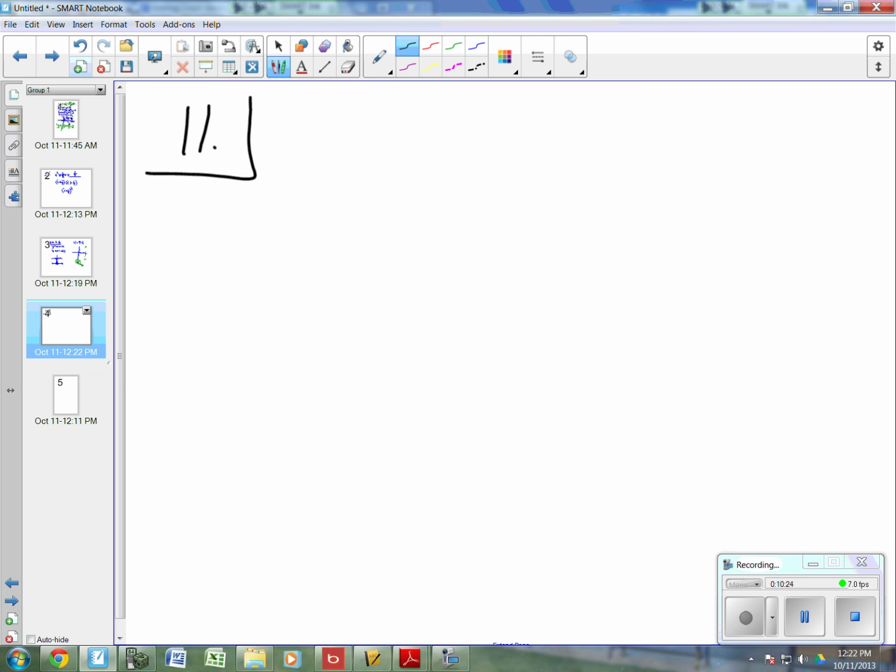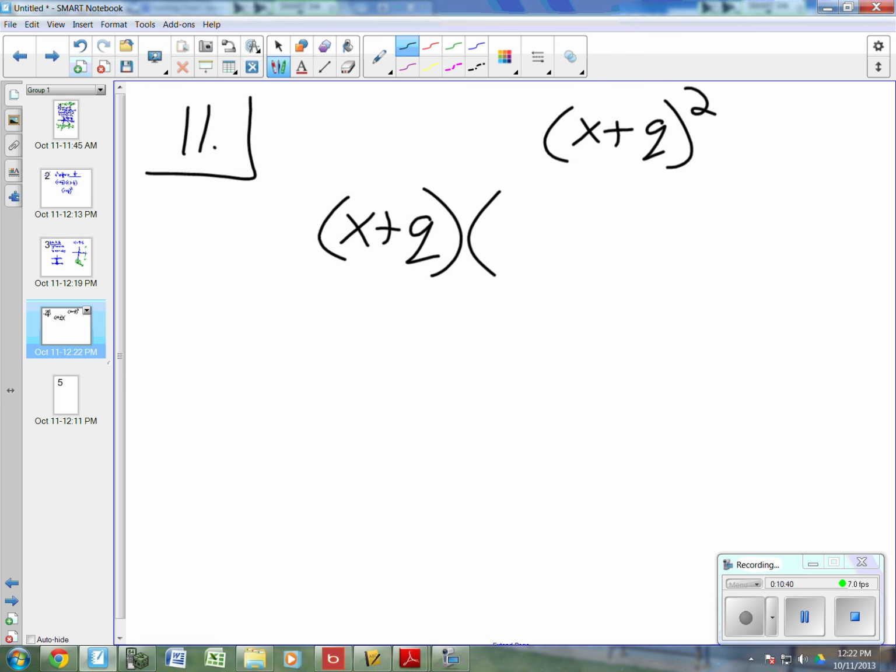Okay, it says write a rule for finding the coefficient of the x term when multiplying and simplifying x plus q squared. Okay, if you multiplied x plus q squared, in other words, you went x plus q times what? X plus q. Does everybody understand that's what that means? If you multiplied it out, look, x times x is x squared. That's the first term, right?